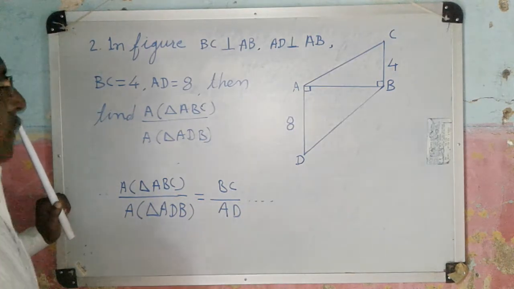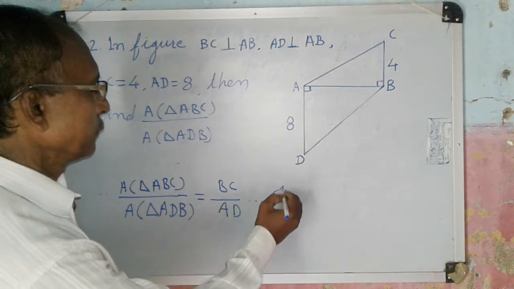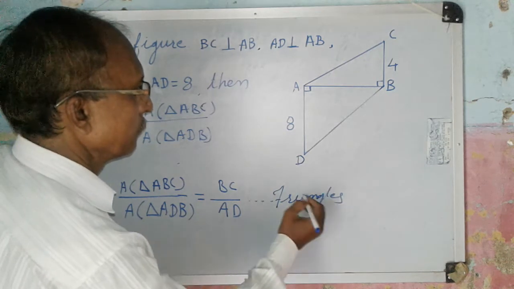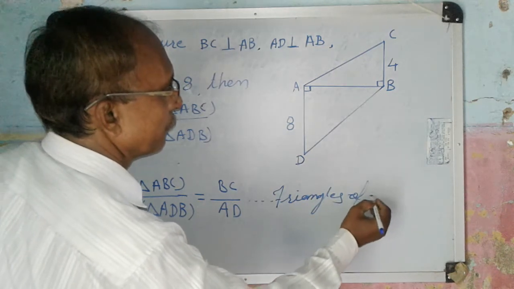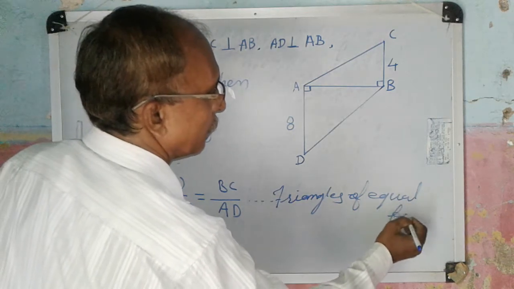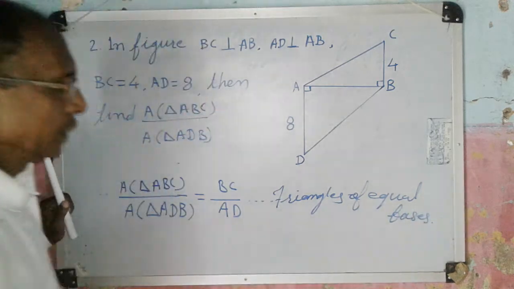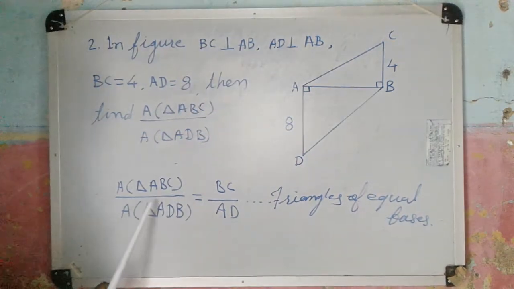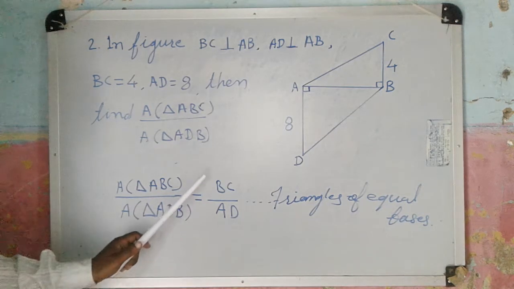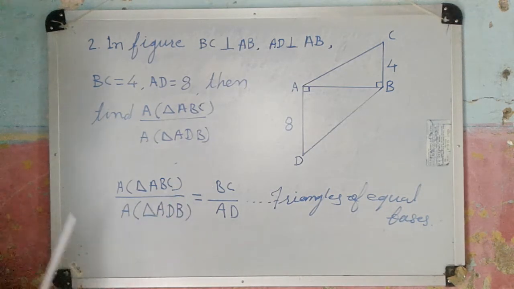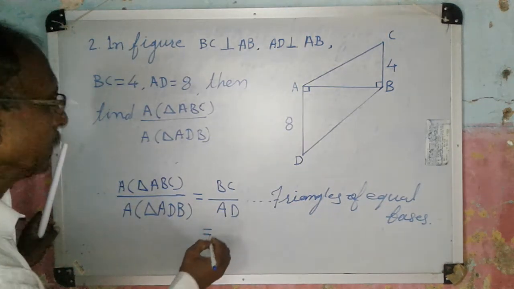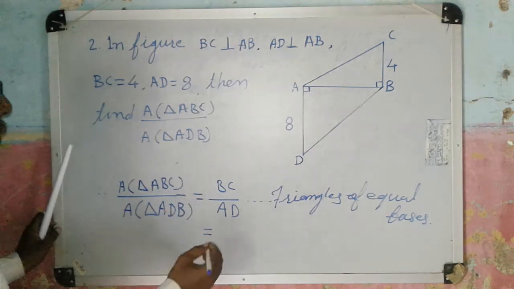Triangles are of equal bases, therefore the ratio of their areas will be equal to the ratio of their corresponding heights. Put the values here.